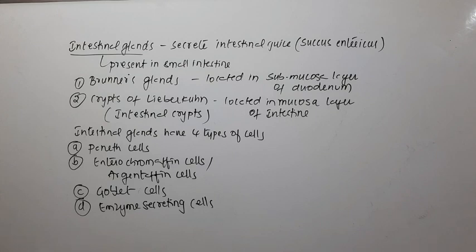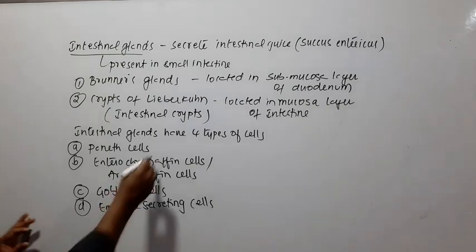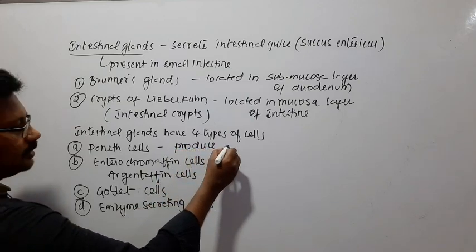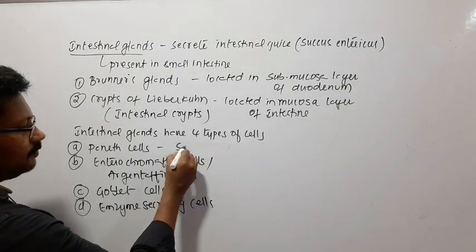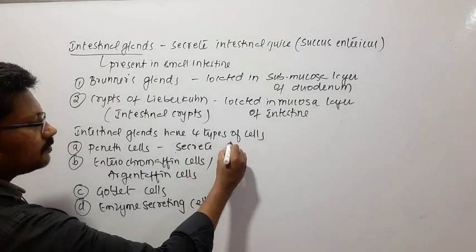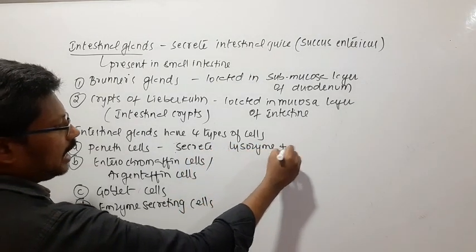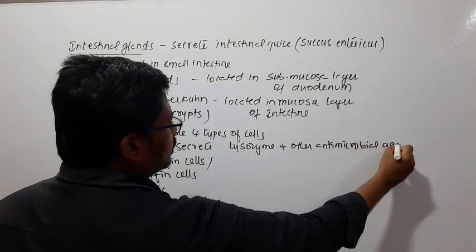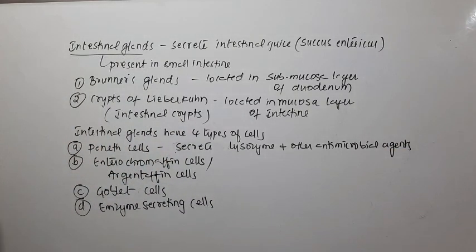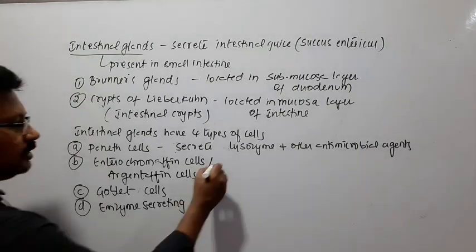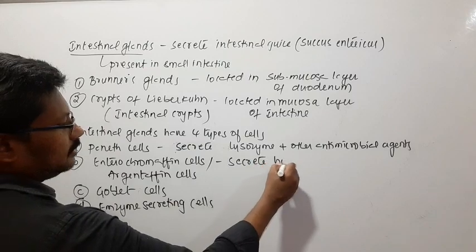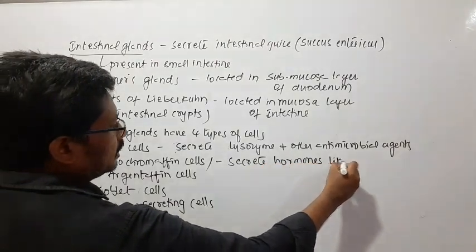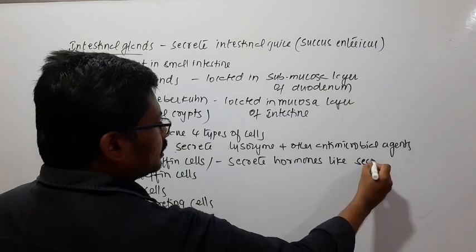Here, the Paneth cells will be secreting lysozyme and other antimicrobial agents, whereas enterochromaffin cells or argentaffin cells secrete hormones like secretin.